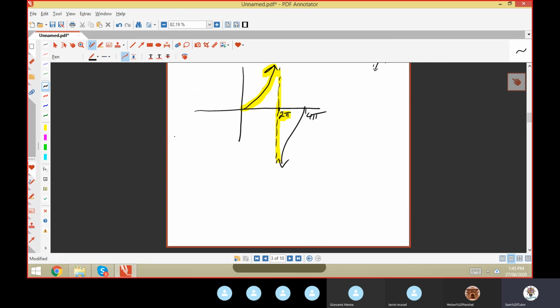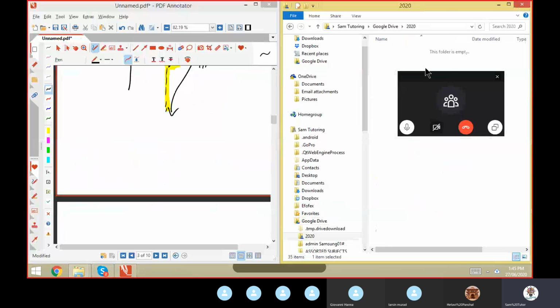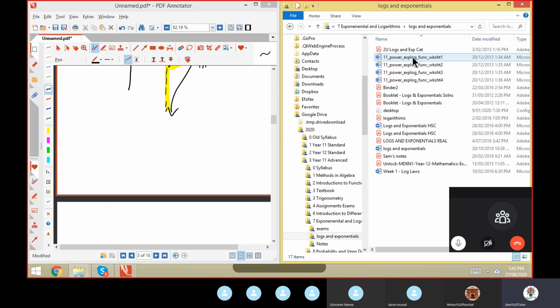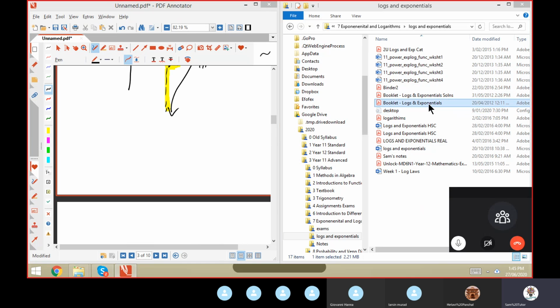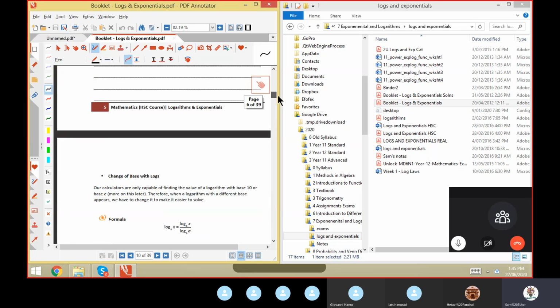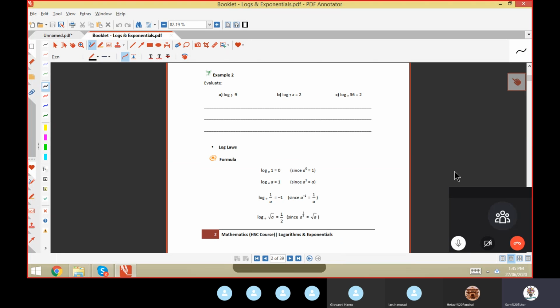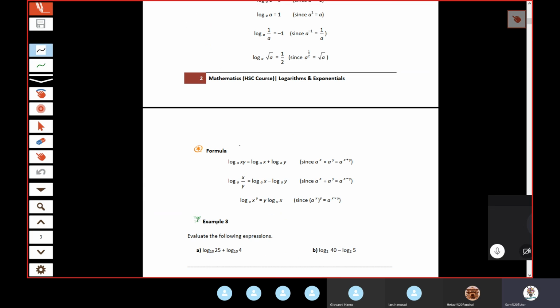Let's do a bit of log revision now. So, your log laws.